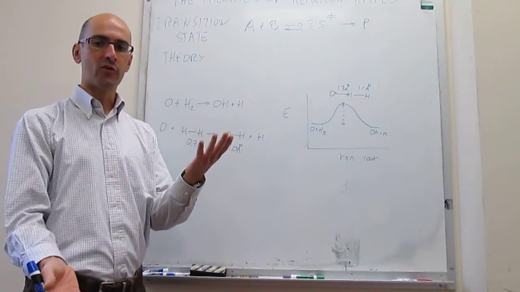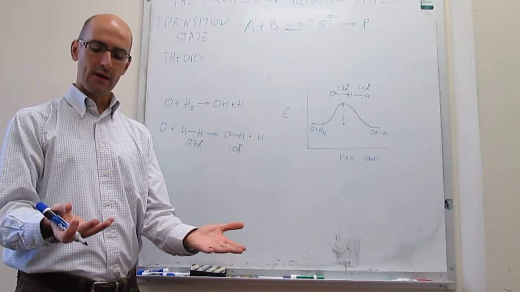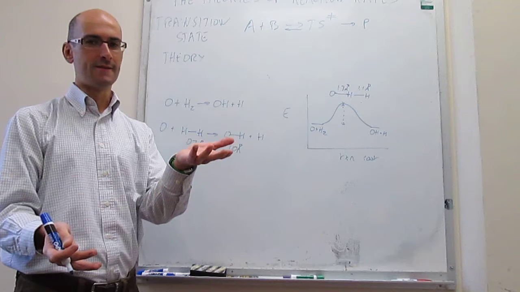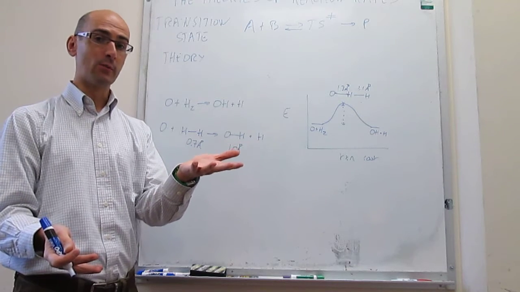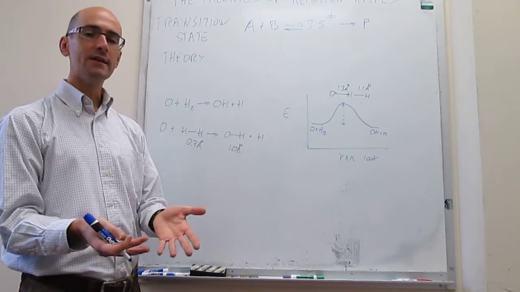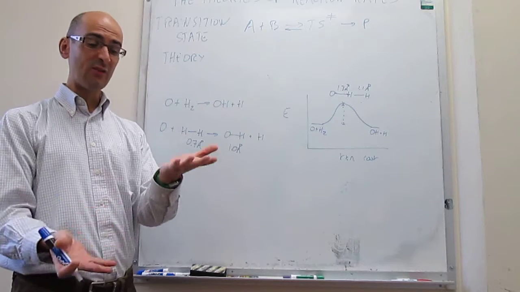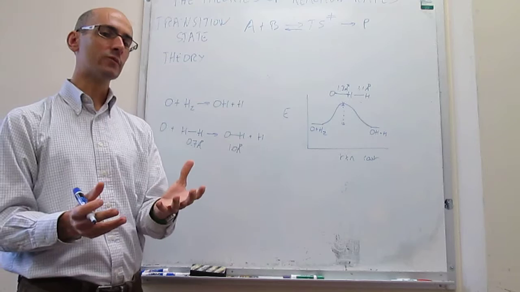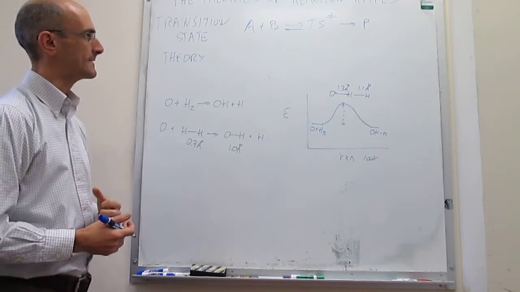And then they can interconvert between one and the other. But now you have an equilibrium between reagents, which are stable, and a transition state, which is not stable at all. It's a fleeting species. Yet, transition state theory, even though it has that approximation, which is a little shocking, actually works really well, as we're going to see in just a little bit.